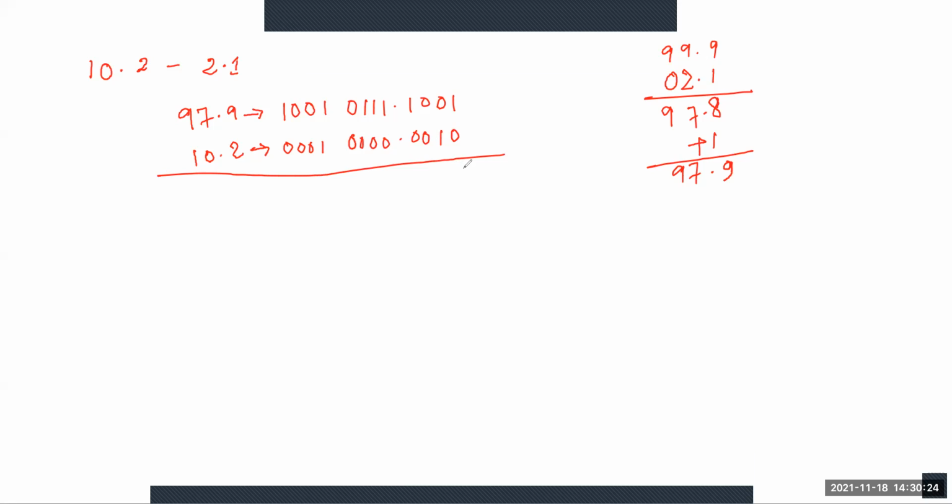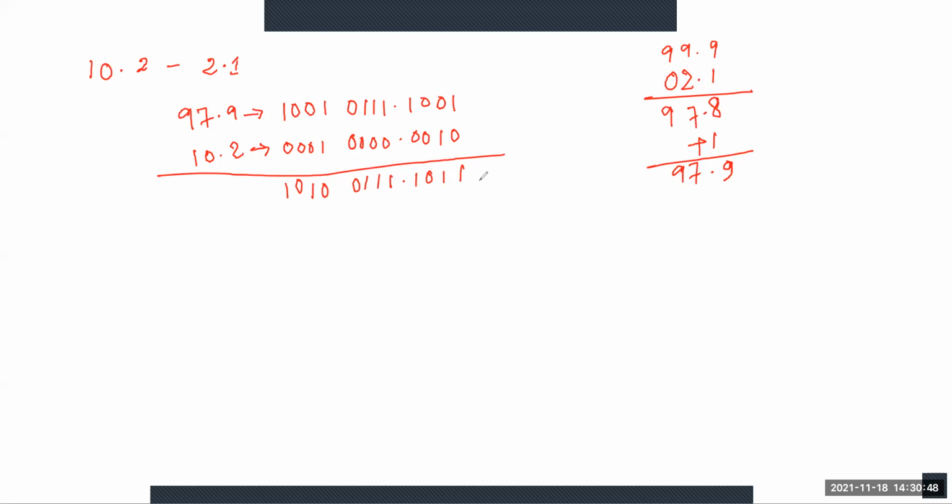So here this is 1, this is 1, this is 0, this is 1. Next is 1, 1, 1 and 0. Third is 1 plus 1, 0, carry 1, this is 0, this is 1. So the next step is to check whether this is valid BCD or invalid BCD.